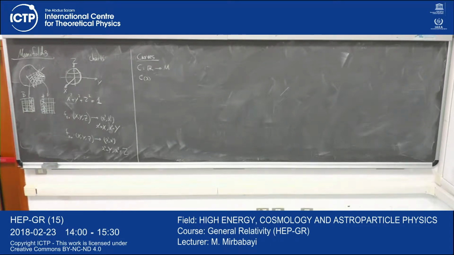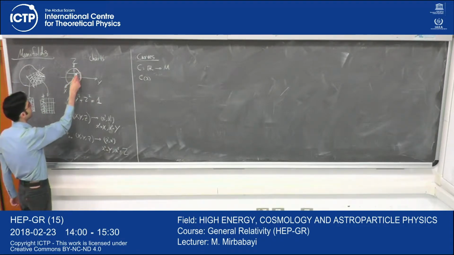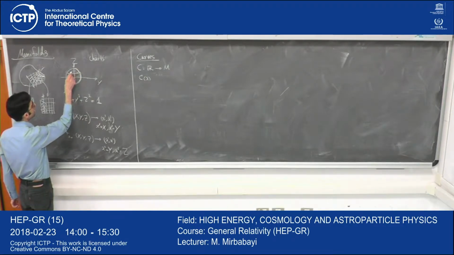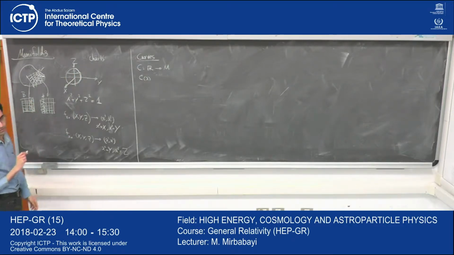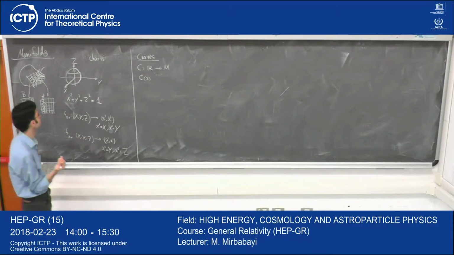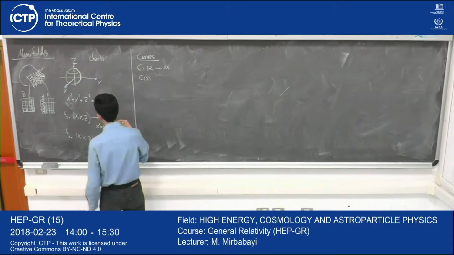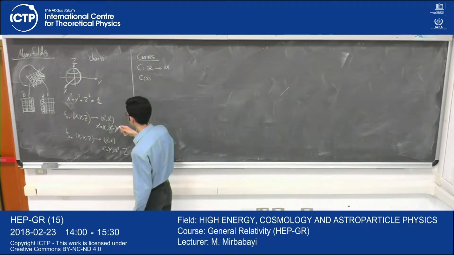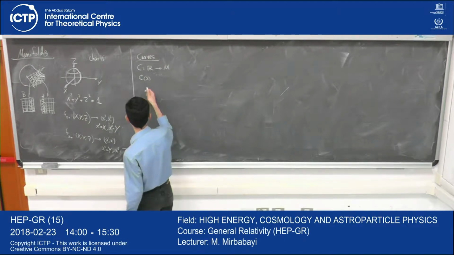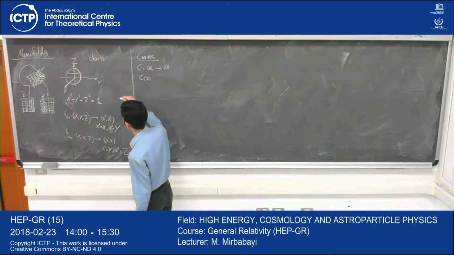For instance, I can consider a latitude. A latitude is a curve on this sphere, and how would I write this C of lambda? I can parameterize it.